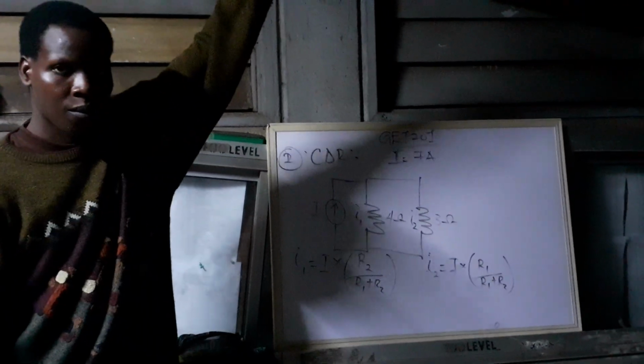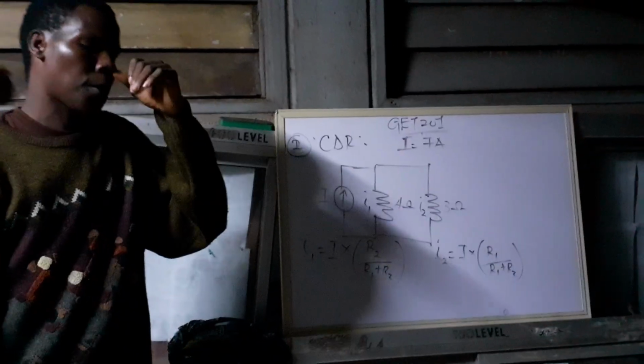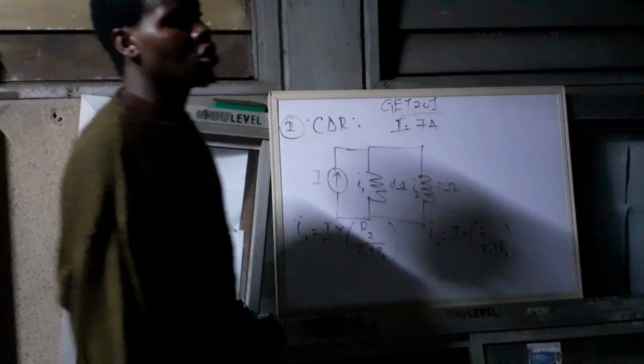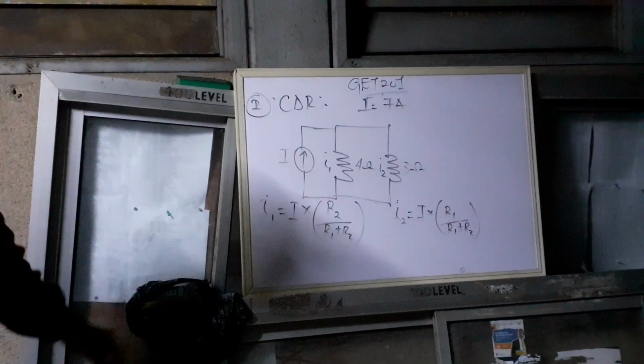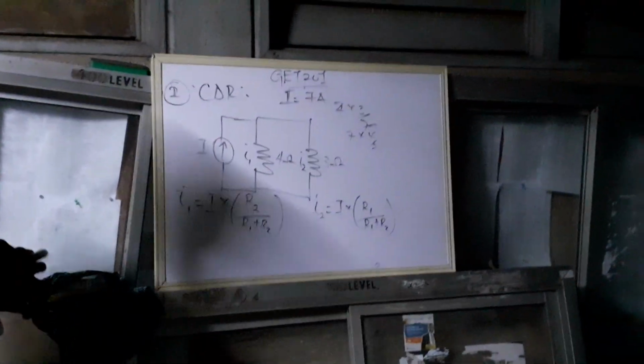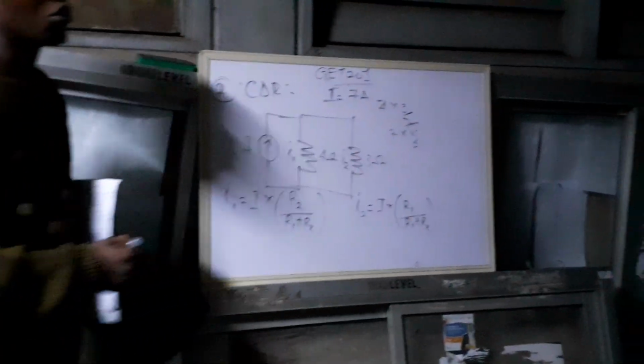I1 is 3, then I2 is 4. So you have 7 times 3 over 7 for I1, and 7 times 4 over 7 for I2. So I1 is 3 and I2 is 4.